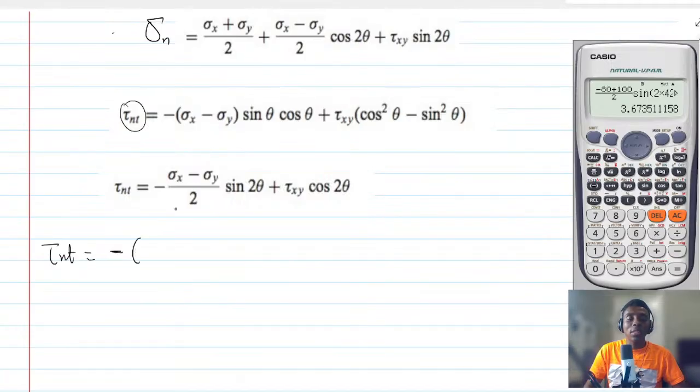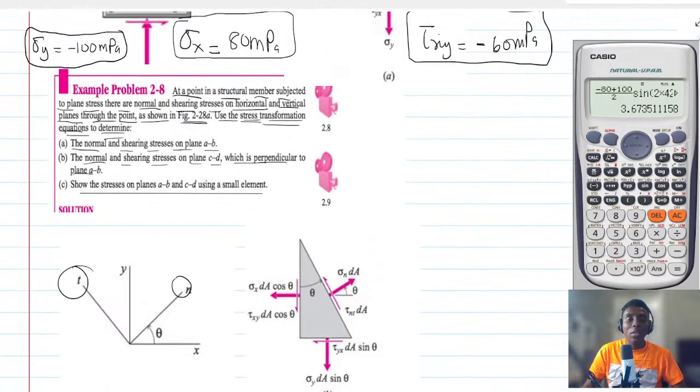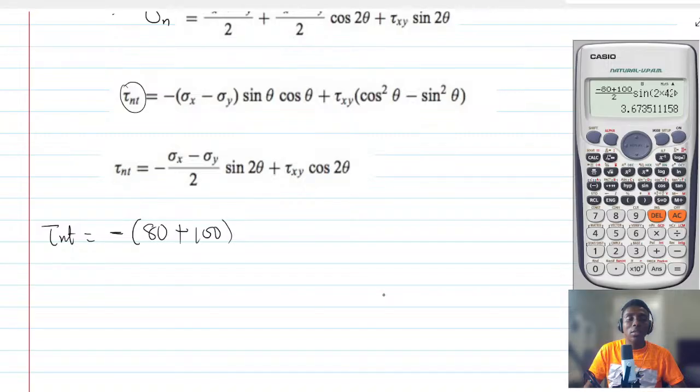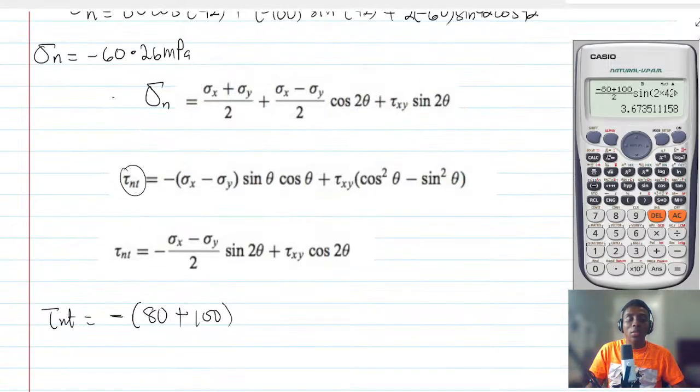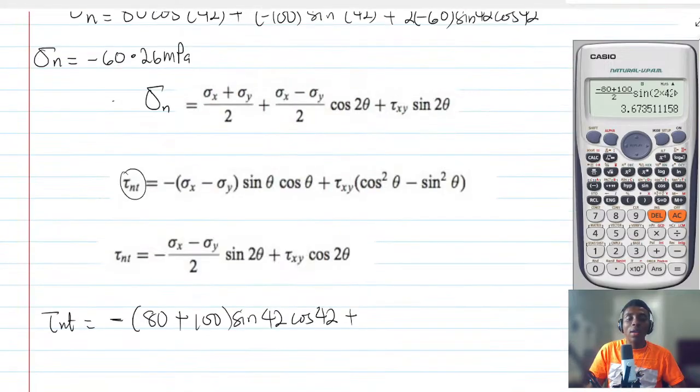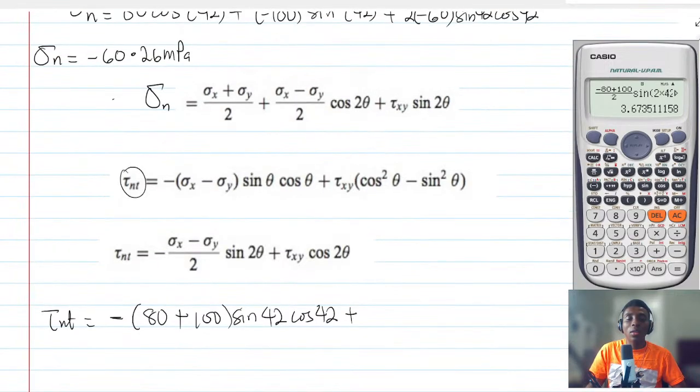So minus sigma x is 80, minus sigma y, so sigma y is minus 100. So here will become plus. So sine 42 cosine 42, plus tau xy.